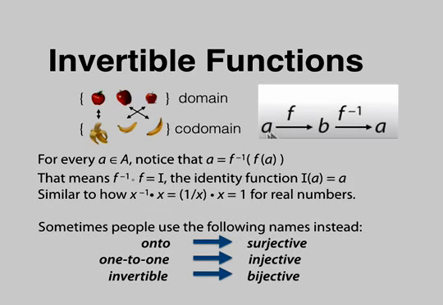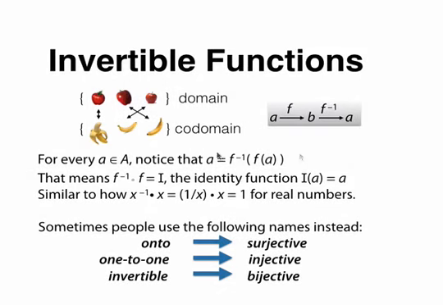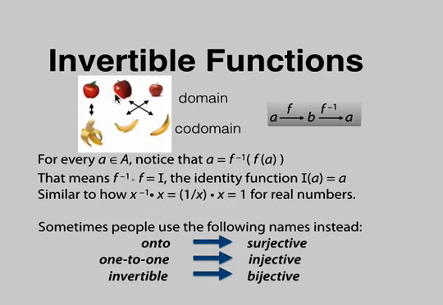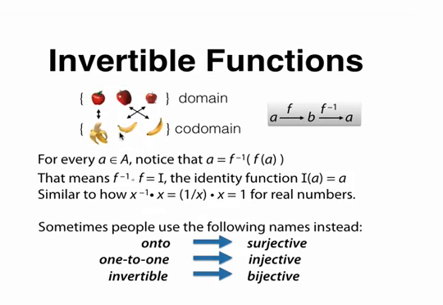Here's what it means. You've got an apple, you apply f, you get a banana. And then you can apply the inverse of f and you get back the apple that you started with, right? Apple, banana, apple. Invertible functions are going to be very useful when we talk about the sizes of infinite sets.